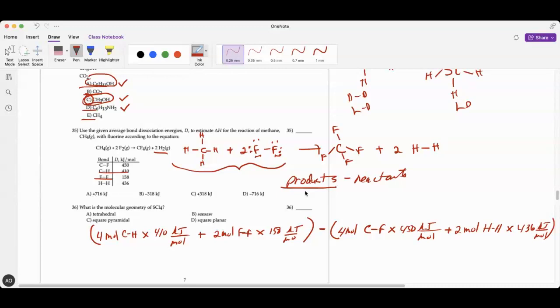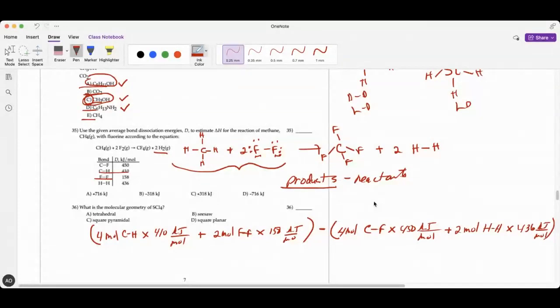Okay, so when it's saying D, capital D, you should know that you're actually doing the reactants minus the products. Yeah, you can do it either way, but when you do products minus reactants, you got to make sure that you put a negative sign on those bond dissociation energies.